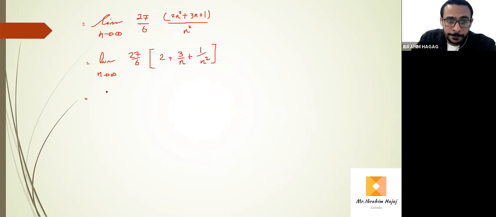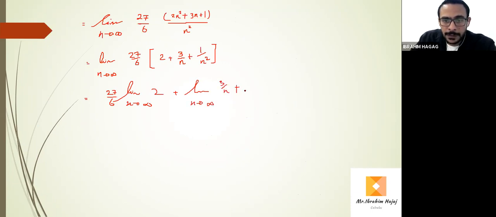So that's why we can say 27 over 6 is a constant, and then take the limit as n approaches infinity of 2, plus the limit of 3 over n, plus the limit of 1 over n squared, all multiplied by 27 over 6.